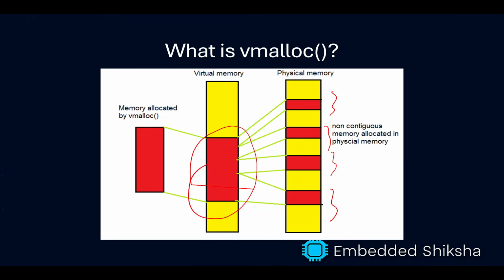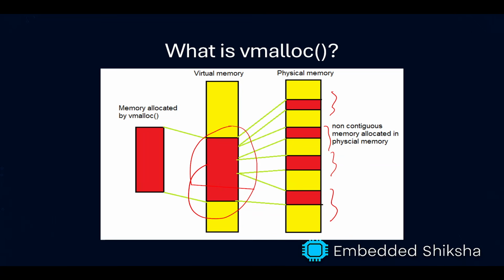If you know that the buffer you are allocating has to be consumed only internally in your driver, maybe for storing some data temporarily, or manipulating some local data, storing data into local structures, and you are very sure the memory you are allocating will not have much interaction with the hardware, then you can use Vmalloc, because if you don't have any interaction with the hardware, it's okay to go for non-contiguous physical memory.